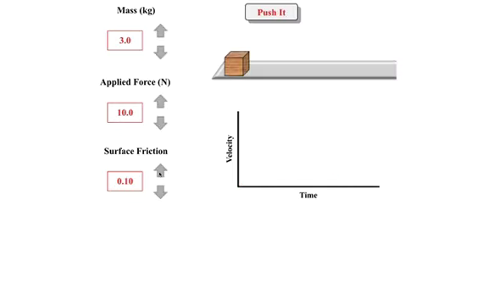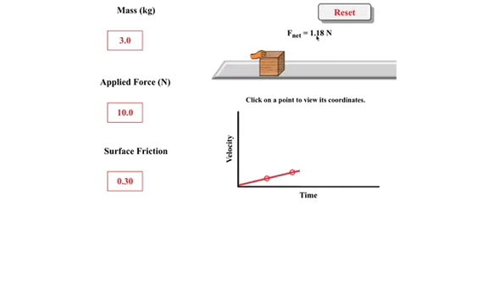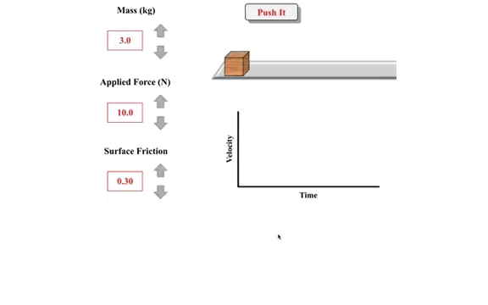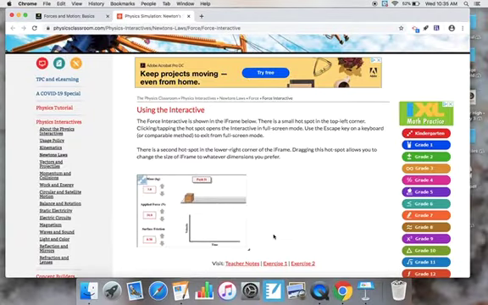But as soon as we start increasing our surface friction, you see your F net has gone down significantly. You still are accelerating, because you're continuing to apply that force. But again, you notice that your F net has changed significantly once you've increased your force of friction. All right, so you can play around with that as well if you'd like.